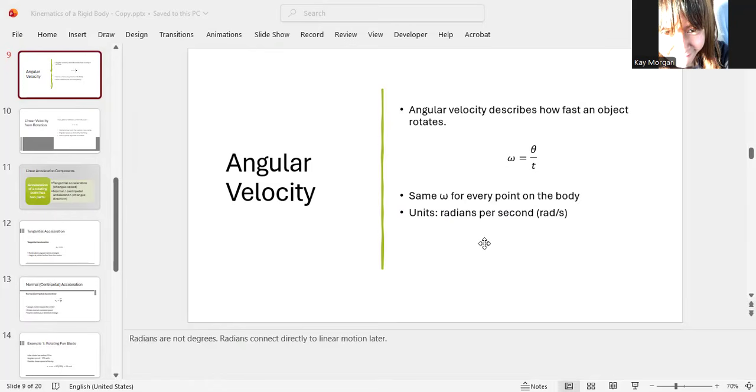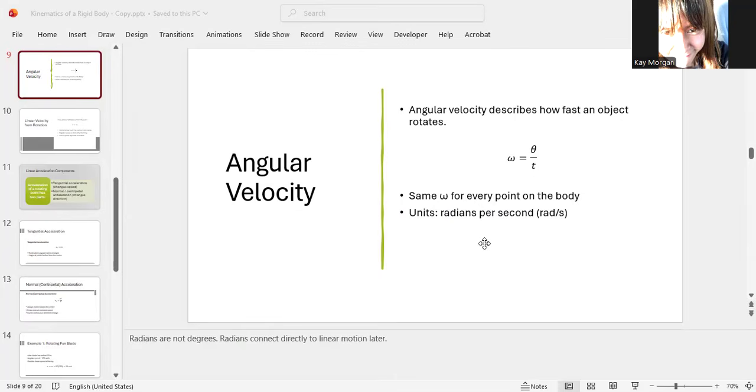It is always constant. Then you have another velocity, which we gauge with the little tangent line. That, of course, is your regular, or you can also call it linear, speed. If you put in the direction, it's going to be linear velocity, of course.